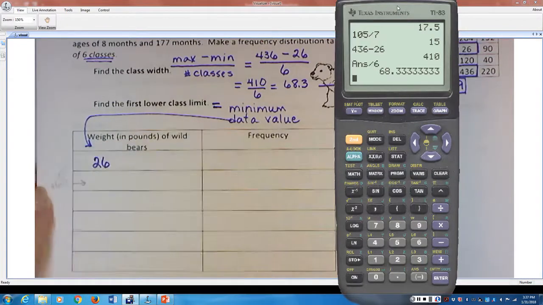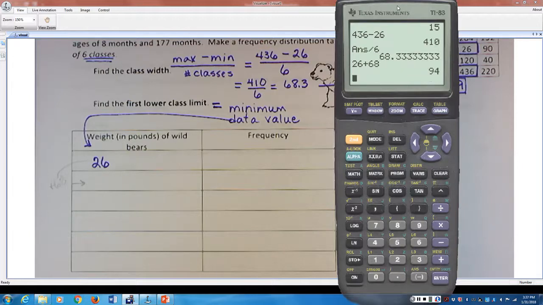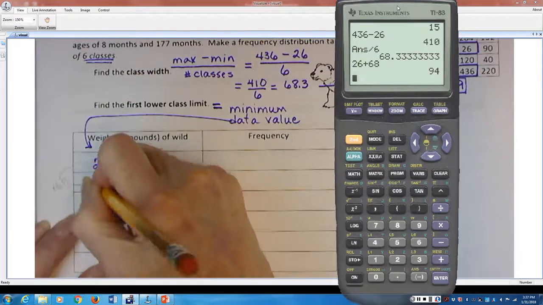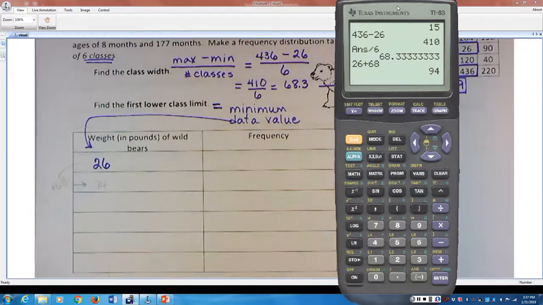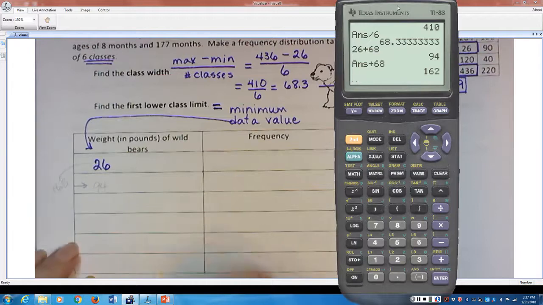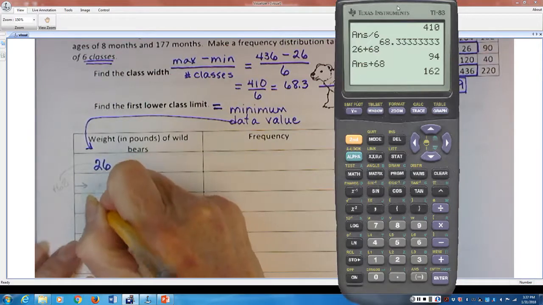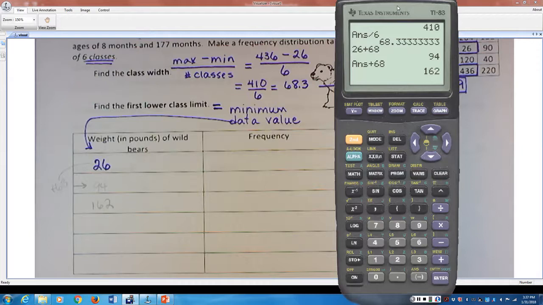Notice I'm working with a pencil because I'm going to make a mistake. I'm going to take 26 plus 68, and I get 94. And then I take 94 plus 68, and I get 162. Let's see if I've got a pencil with a little bit more lead in it. So my next one's 162. And then I'm going to add 68.